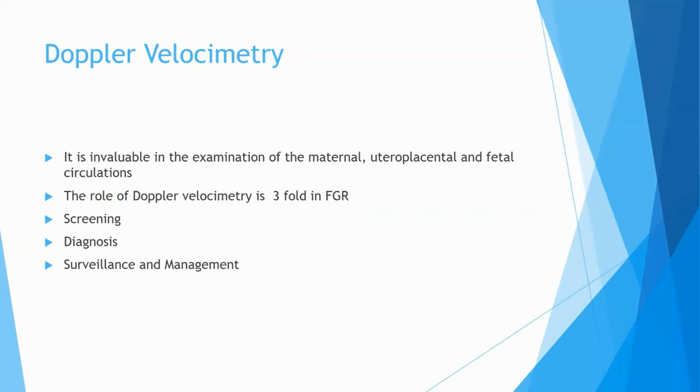Now, Doppler velocimetry helps us in 3 ways in terms of fetal growth restriction. Firstly, is the screening, and then later on it helps us to diagnose fetal growth restriction, and then later on it helps us in surveillance and management of the pregnancies complicated by fetal growth restriction.